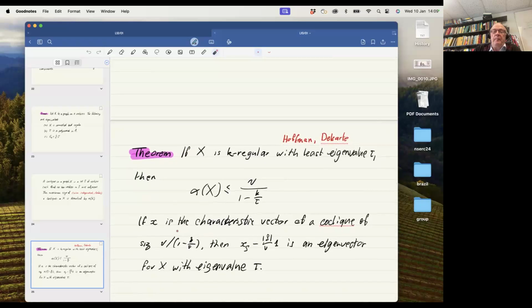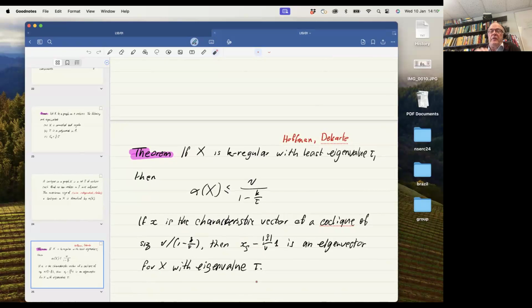A little bit more about what's going on. If you have a co-clique, you can write down a characteristic vector: the function that's 1 on the vertices in the co-clique and 0 on the rest. And if it has size equal to this bound, then the characteristic vector shifted is an eigenvector for X with eigenvalue tau. So if equality holds, you actually have an eigenvector with a known eigenvalue. It's a known eigenvector with entries 1 and 0, and a small constant, the size of S over v, subtracted from each entry.